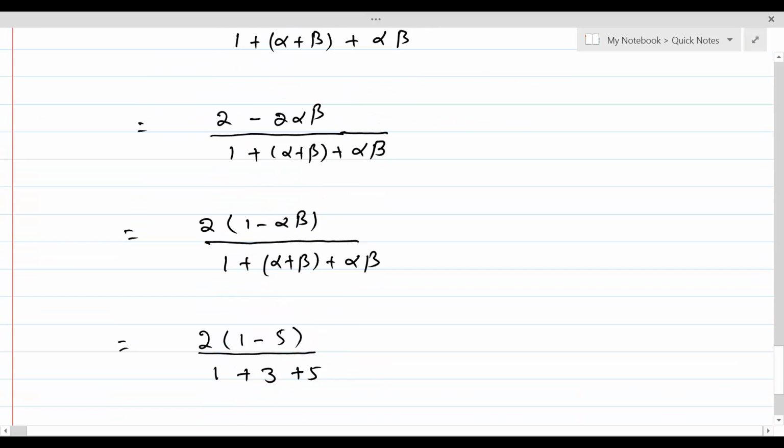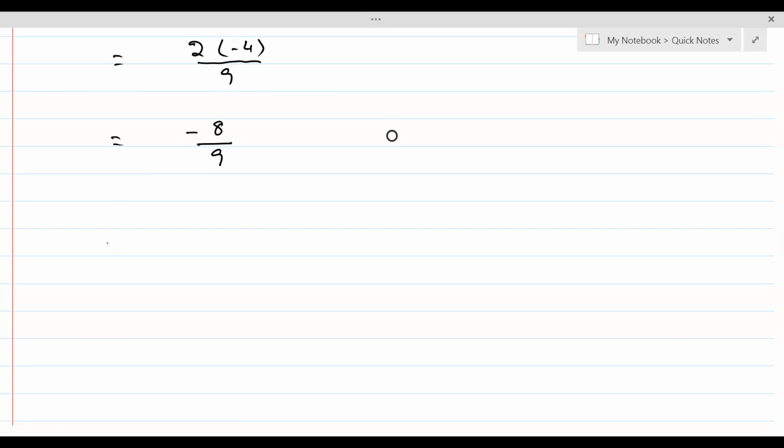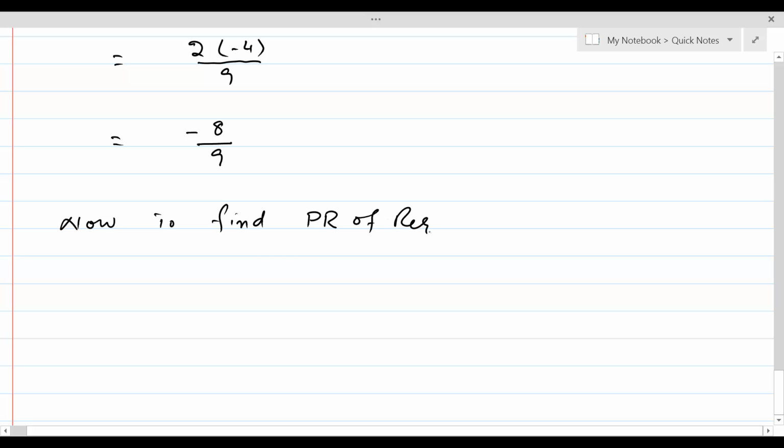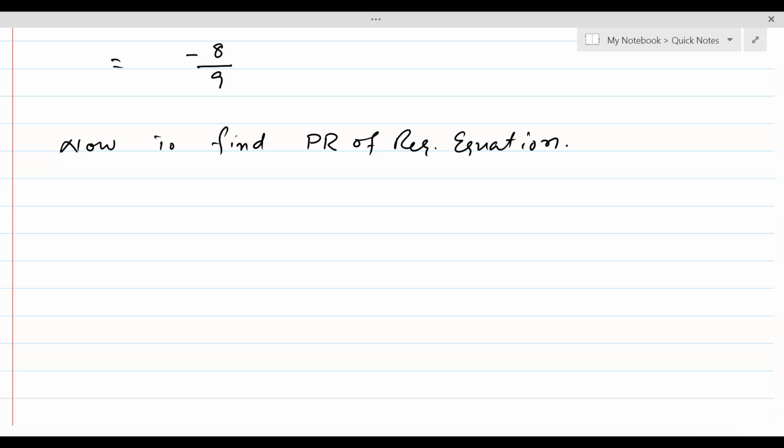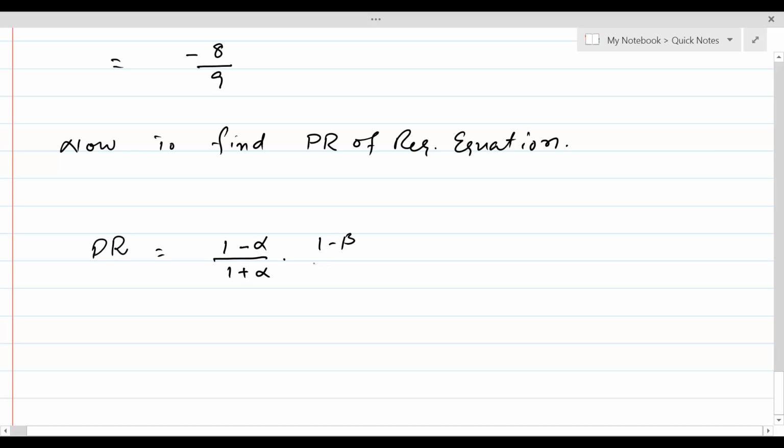And now we are going to find the product of roots. Now we will find the product of roots of the required equation. That would be PR, which will be equal to (1 minus alpha over 1 plus alpha) times (1 minus beta over 1 plus beta).